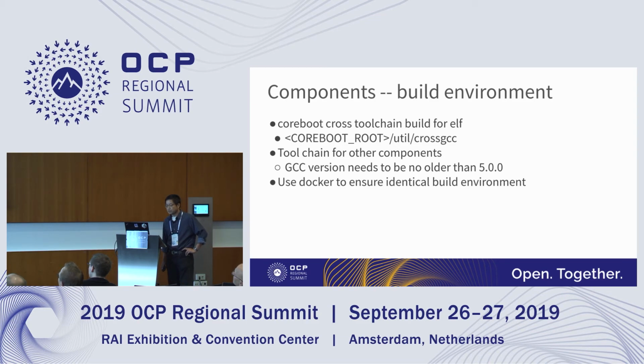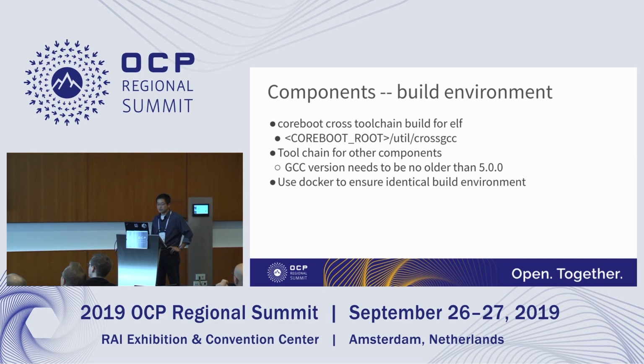Now I'm going to go through the components one by one. So the first component is the build environment. So for coreboot, to build the coreboot ELFs, it contains its own cross toolchain build. Those toolchains are used as is. It does not depend on your build machine's tools.